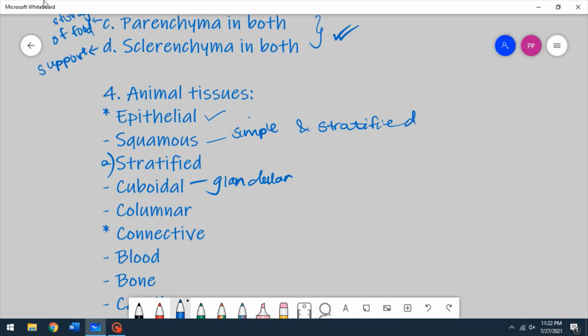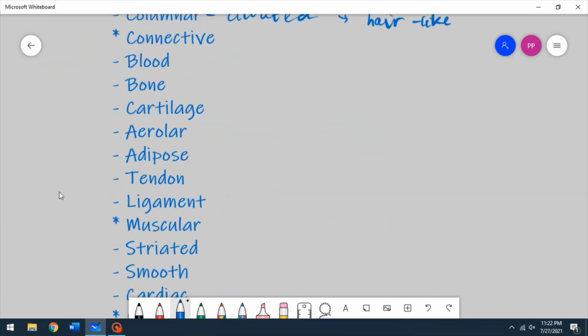We talked about columnar tissue, which is called the ciliated columnar tissue if it has hair-like projections, usually present in the esophagus, we said. And then there's the connective tissue, which has the blood, the bone, cartilage, areolar tissue, adipose tissue, tendon, and ligament.